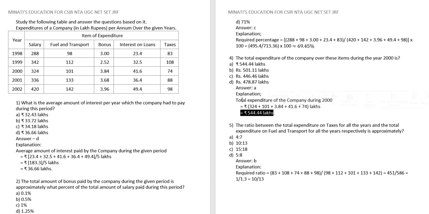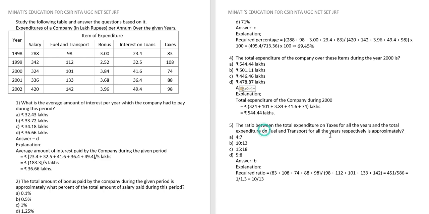That is option A will be the answer. Okay, here I am changing the rupee sign. Okay, come to the next question.